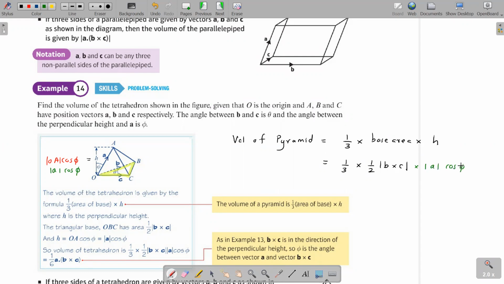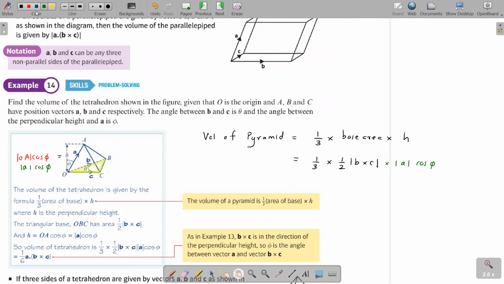And then what do we do now? Again, we use the definition of the dot product. What's the definition of the dot product? Say we have two vectors C and D. C dot D is equal to modulus C, modulus D, cos theta. Here, the modulus of B cross C is like the modulus C. The modulus A is like the modulus D, and the cos theta is also there.